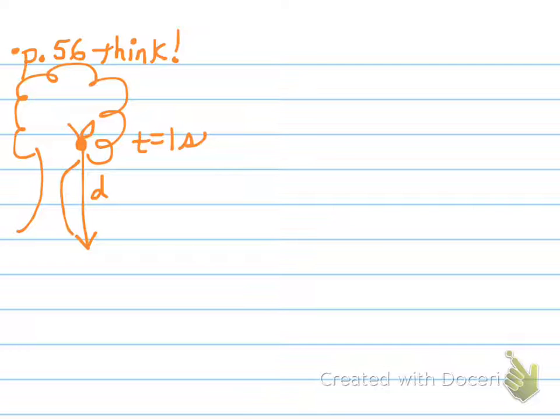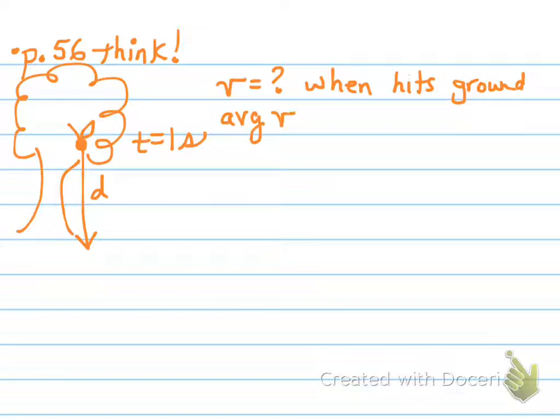So the things that I want to know are my instantaneous velocity, right, when it hits the ground. That's one of the questions in the think question. I'm also asked what my average velocity or speed is when it's falling. And I want to know its distance above the ground.